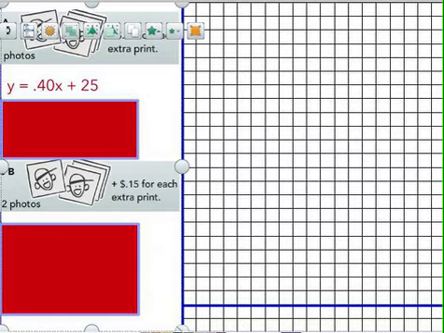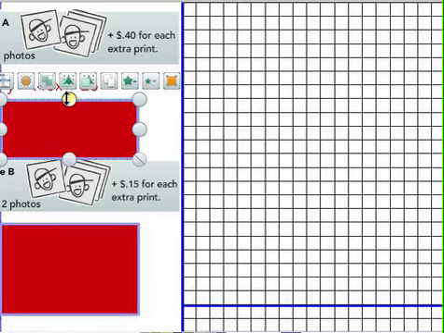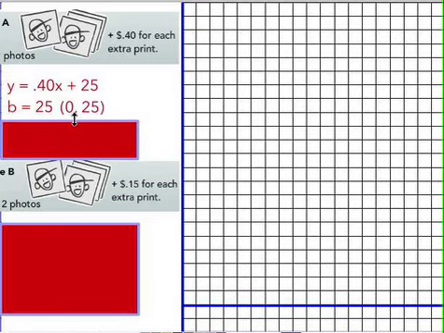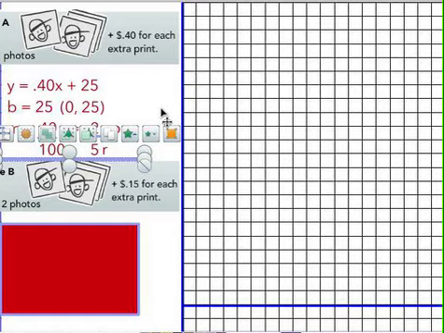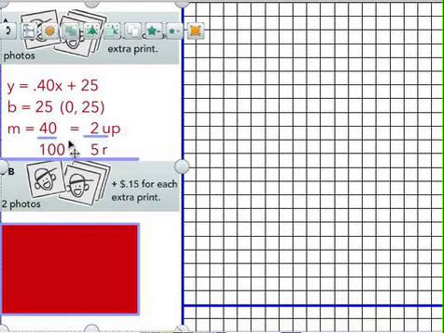Initial value or your starting point is always your y-intercept. So that means our y-intercept is 25, which means our point is (0, 25), and our slope is 0.40. Now 0.40 means 40 over 100, which simplifies down to 2/5. So that means 2 up, 5 to the right.